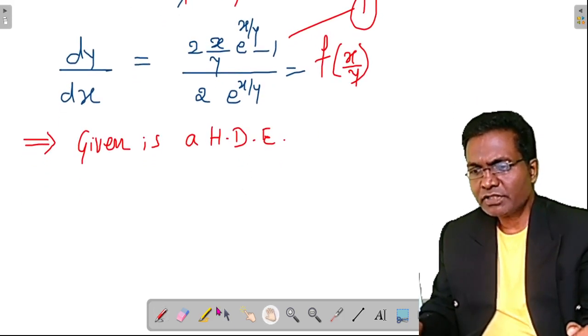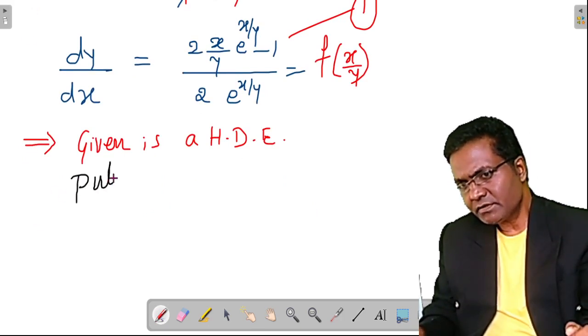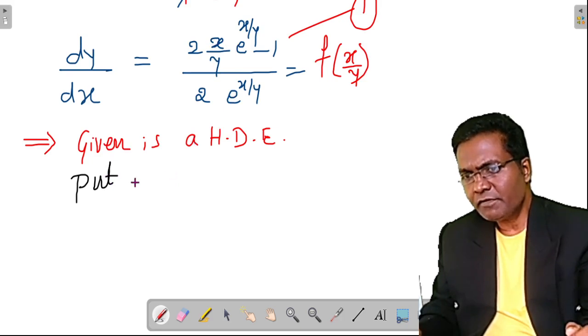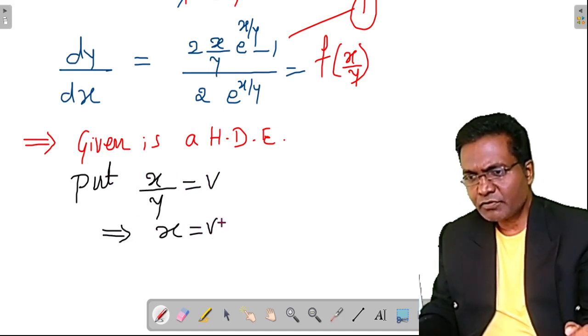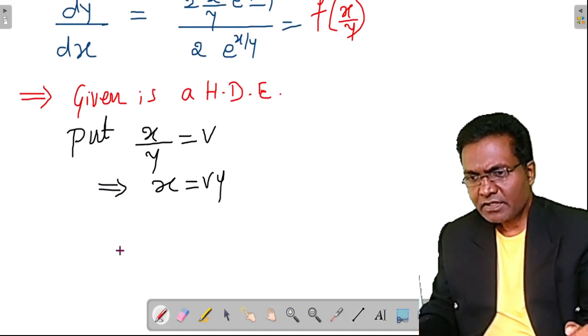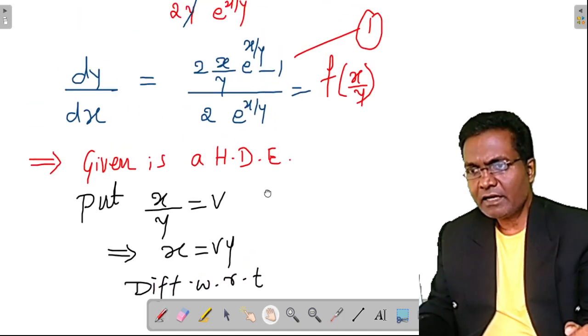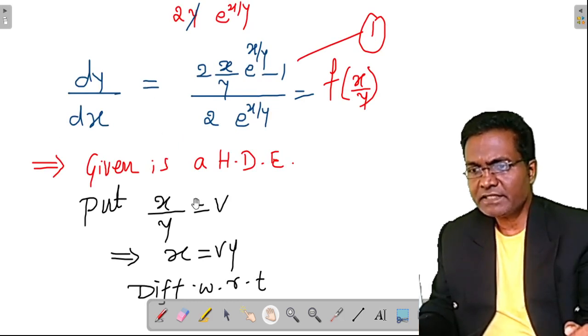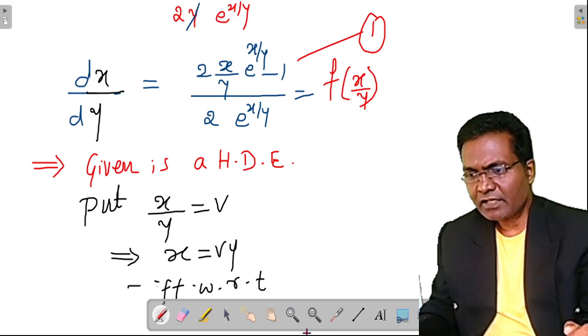And as I told you, you have to make the substitution: put x by y equal to v, and it implies x equals vy. Differentiate with respect to y. I make a correction, this is not dy by dx, this is dx by dy.